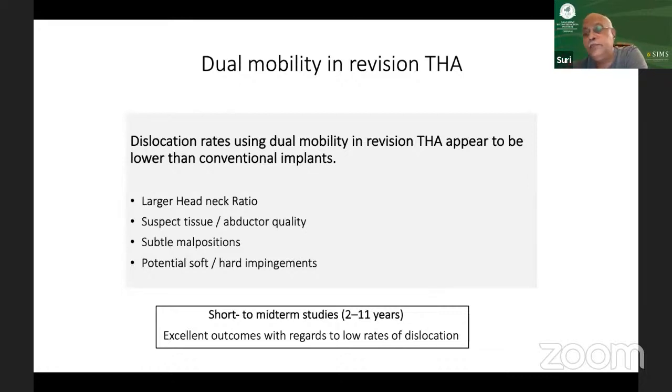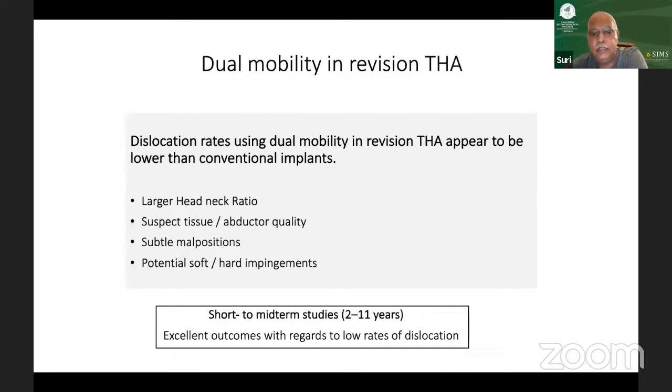Then there are potential soft and hard impingements. When you take it through the range of motion, unless you put your finger in between the areas, posteriorly and superiorly, between the trochanteric tip and the superior acetabulum, thick capsules sometimes could also be a reason for lift-off and dislocation. So I think this is a protective, augmented protection.